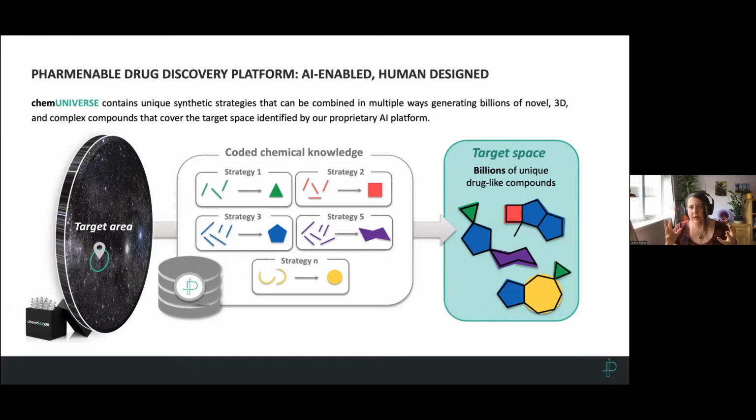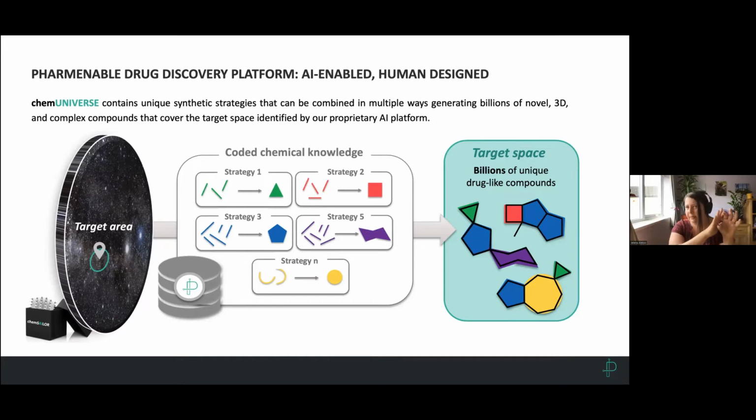We've got this collection called Chem Universe, which is a human-curated collection of medicinal chemistry knowledge, so of different strategies and sets of rules for building up complexity and three-dimensionality within molecules. So what's quite unique about our system is that rather than having a fixed virtual library, which a lot of places do, instead we use our collection of rules to generate dynamic libraries.